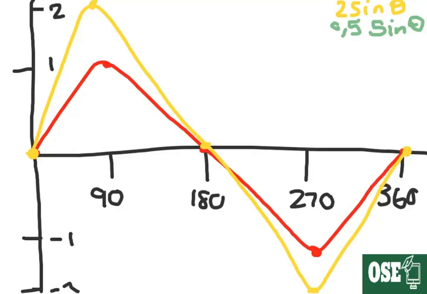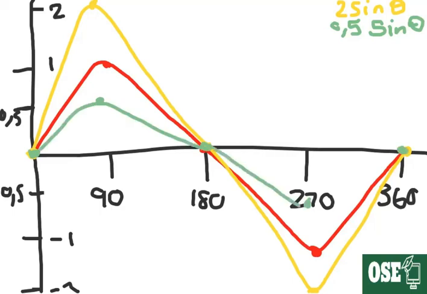So for 0.5 sine theta, does that make sense?